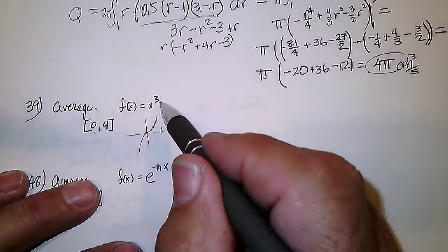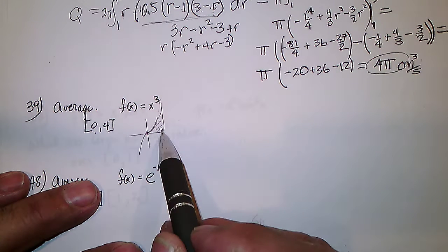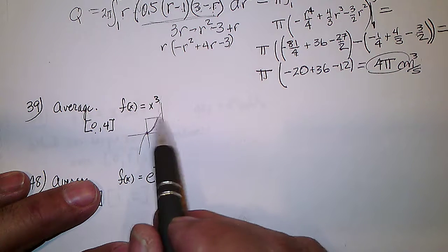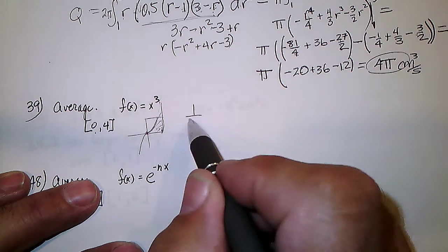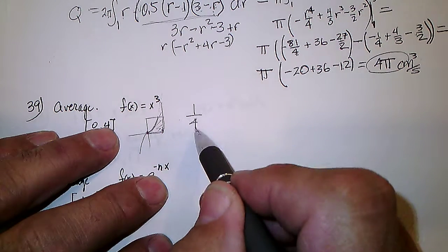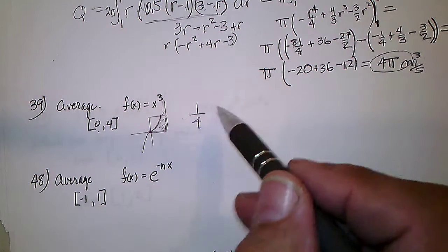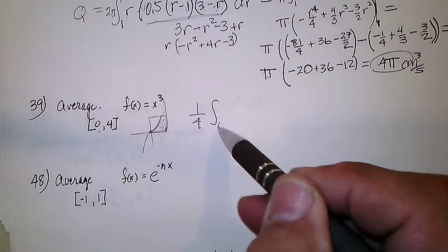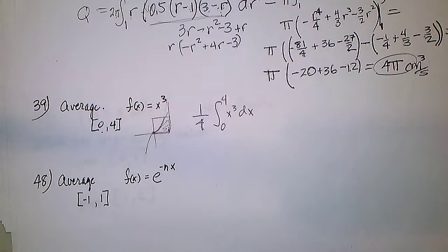So we just find the area under this curve and then divide it by the width to figure out how high a rectangle would be to make this. So you take the width, which is 0 to 4, or 4, and you're going to divide the area, and the area would be the integral from 0 to 4 of x to the third dx.